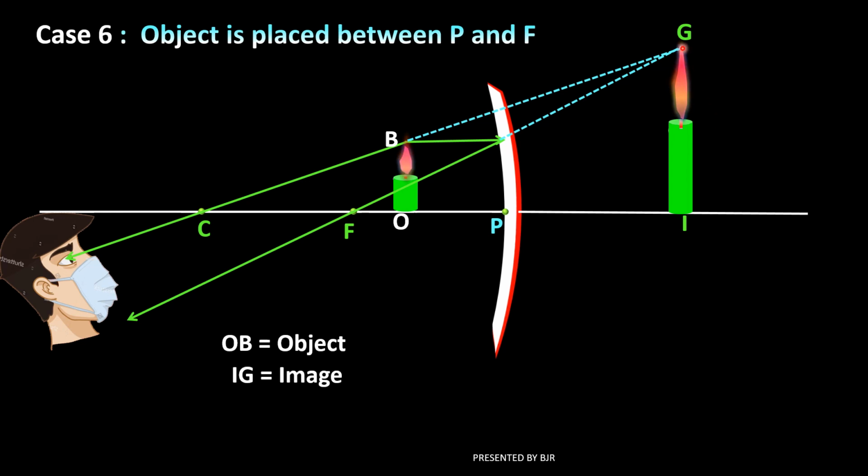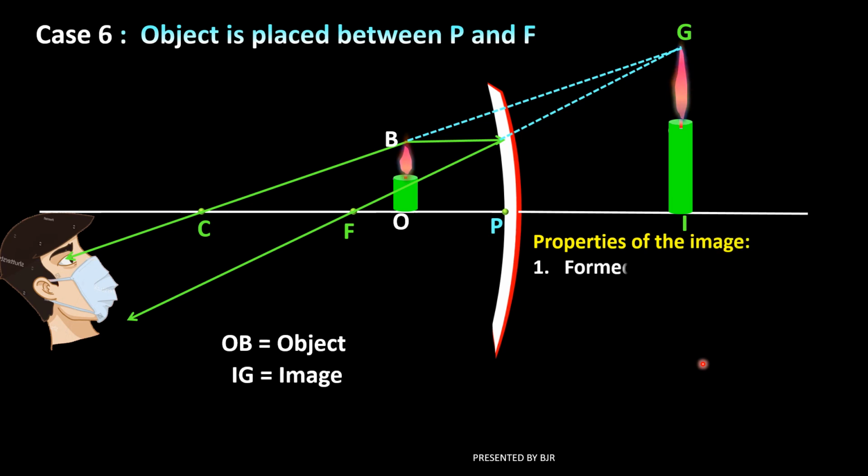Erect means upright image, not upside down. It is the upright image. And here compare their sizes. The size of the image is bigger than the size of the object. That is, this is the magnified image. Image is magnified. So let us write the properties of the image formed here.